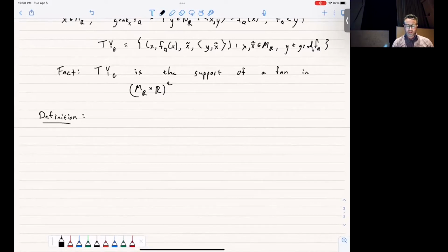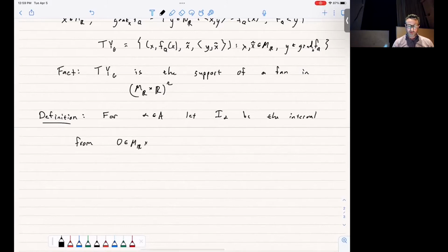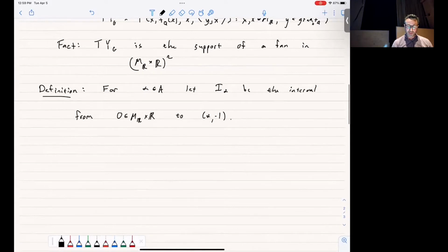If I take a vertex of Q, let I sub alpha be the interval from, say, 0, these are in MR cross R, to alpha minus 1. And then this graph polytope is just the Minkowski sum of these. It's a zonotope. So all of these ones.